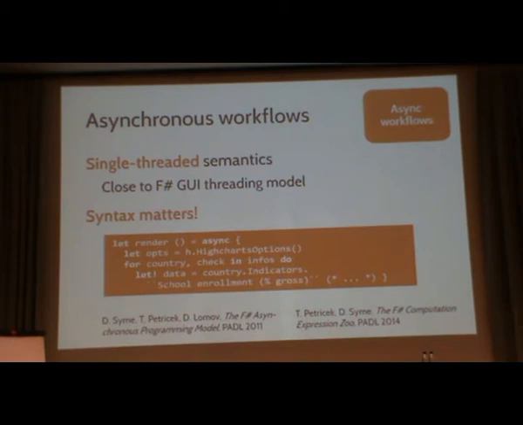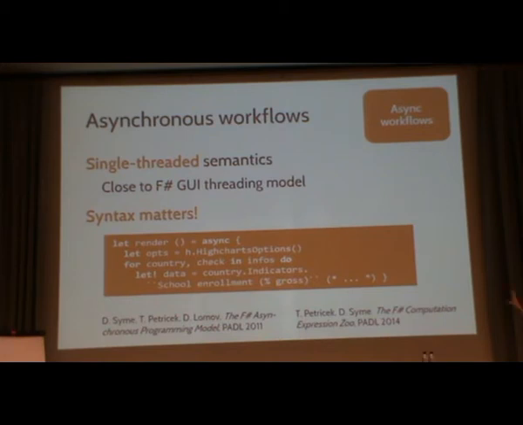So when we are translating to JavaScript, we only allow you to write code that in normal F# would look like you're running on a single UI thread. It still slightly changes the semantics, because JavaScript doesn't really let you block, but if you did some infinite loop, then that would behave differently than in the F# world. So we are slightly changing the semantics, but the basic principles of the programming model that you get are staying the same.